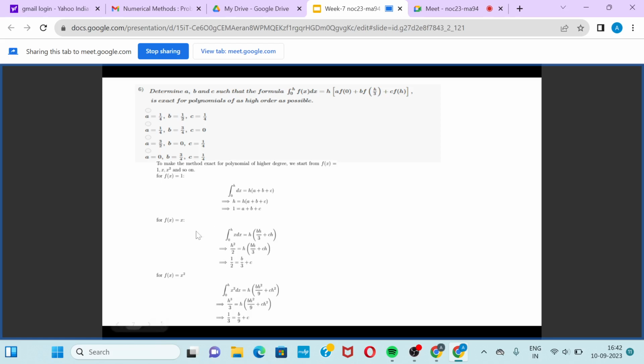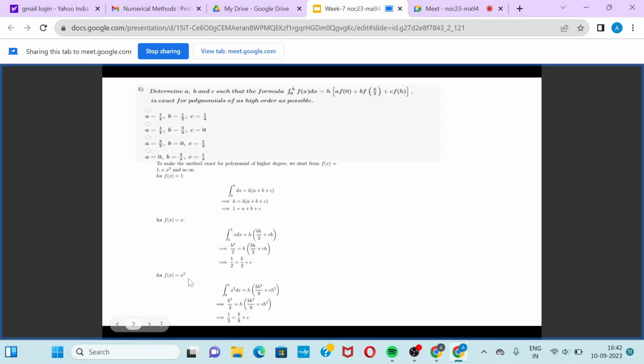Now for f of x equal to x, just substitute these values. Here f of 0 will be 0, f of h by 3 will be h by 3, then f of h will be h again, right? So this will give you h square by 2 equals h times (b times h by 3 plus c times h). On solving this, you will get half equals b by 3 plus c, right?